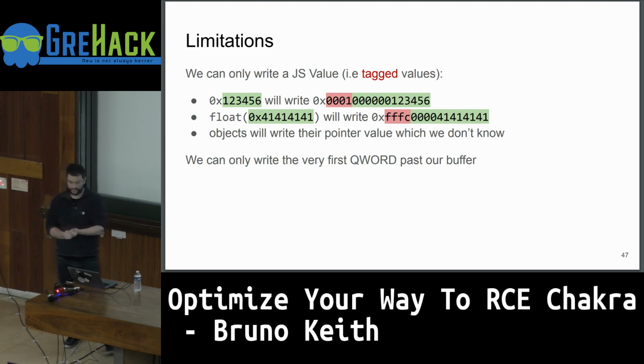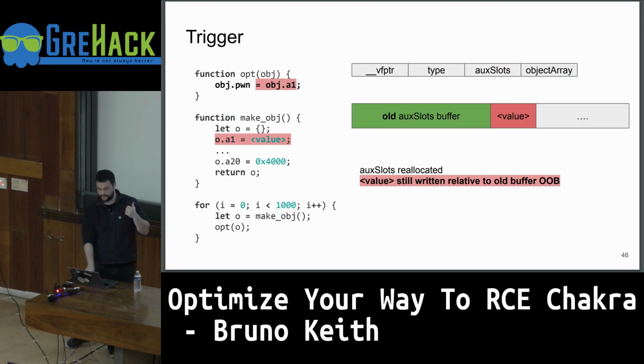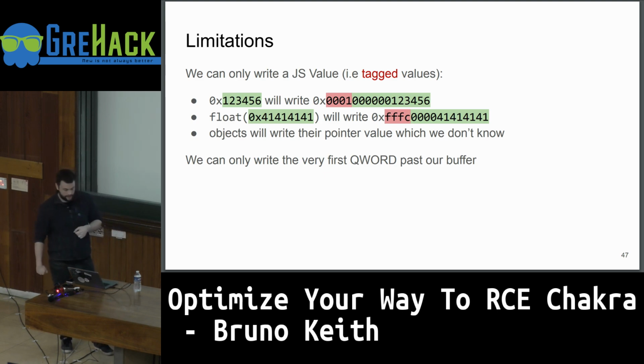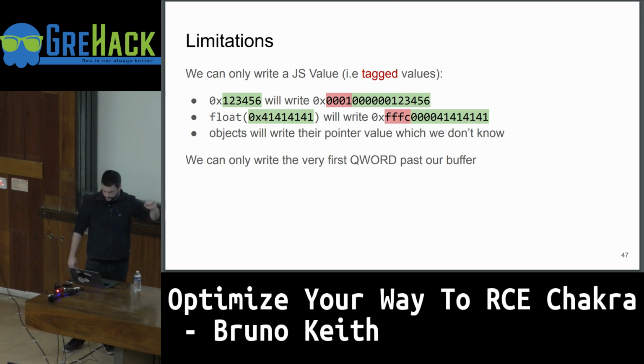So the first set of limitations that we have: we can only write a JS value. If you look back at the slides, we assign A1, and basically the value of A1 is effectively what we will be writing in memory out of bounds. So we can only write JavaScript values, which means that in Chakra they are tagged. They use the fact that you have 18 bits that you can use to encode type information. So if you take the integer 0x123456 in hexadecimal, it's encoded as this thing on the right, where we can see that the upper bits are set to 1 in red.